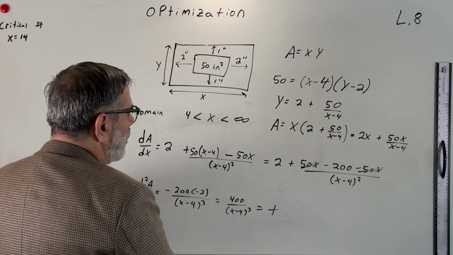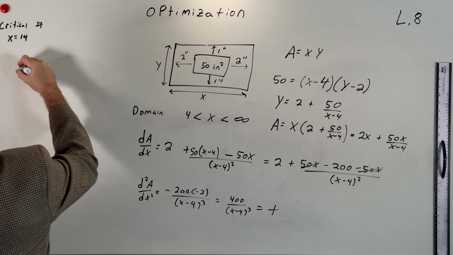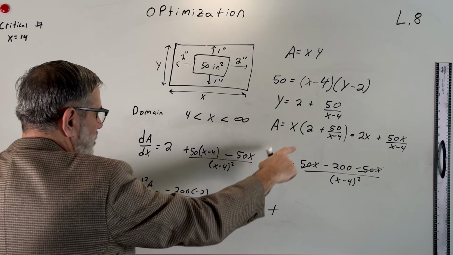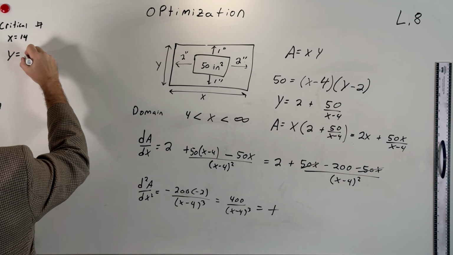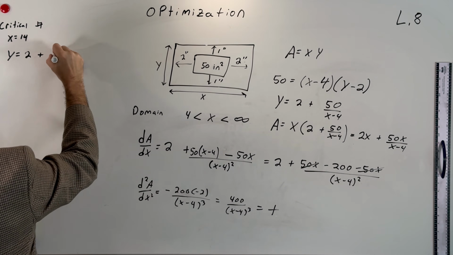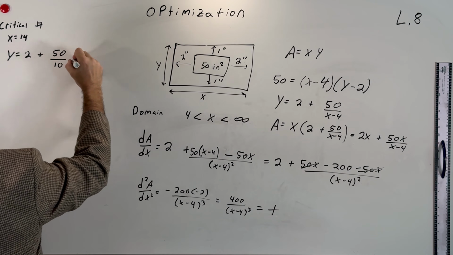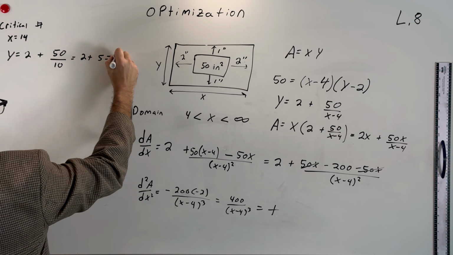What about y? Well, we have an equation for y right here. So x equals 14 is the minimum value. What is the y value for that? So we have to plug that into this. So we get that the y value associated with this critical number is 2 plus 50 divided by 14 minus 4, which is 10. And so that is 2 plus 5 equals 7.